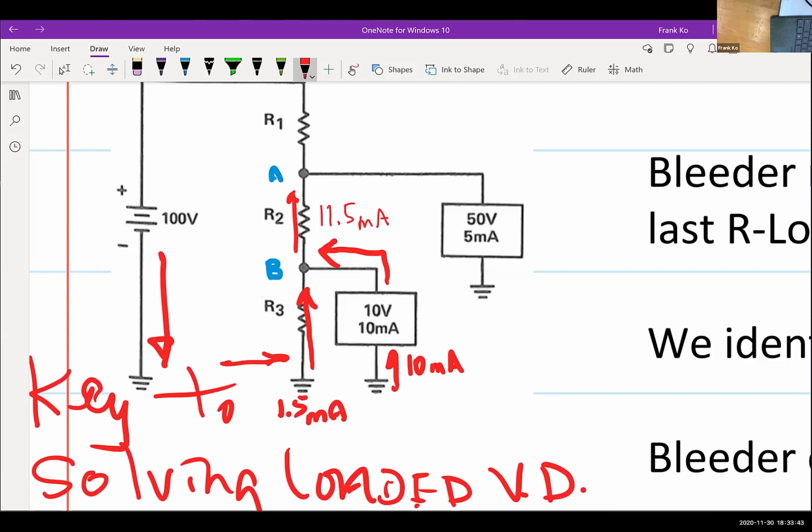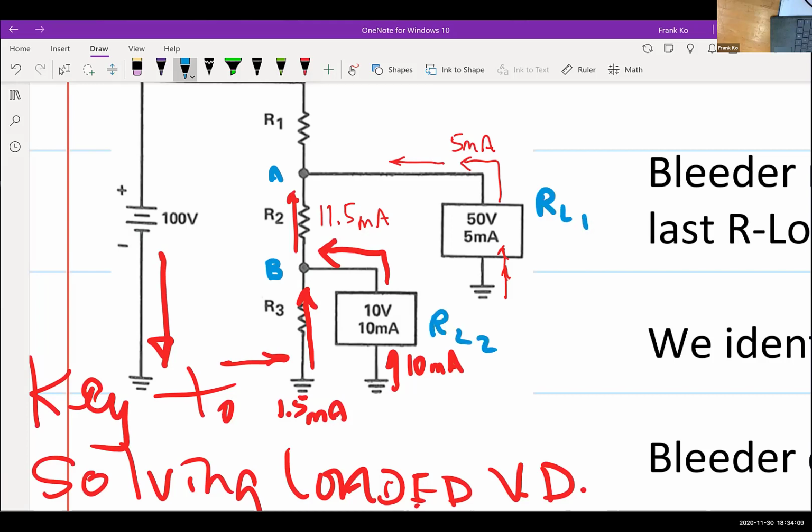Okay. Now, do I have another current flowing up from ground through this load? How much current is flowing up through this load? It's specified as 5 milliamps, yeah? So I've got 5 milliamps through, and let's call this particular one RL1. Let's call this one RL2.